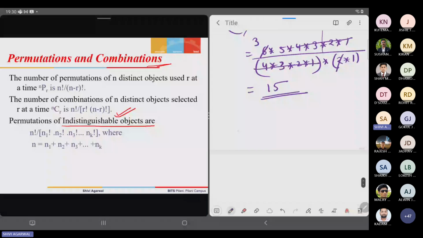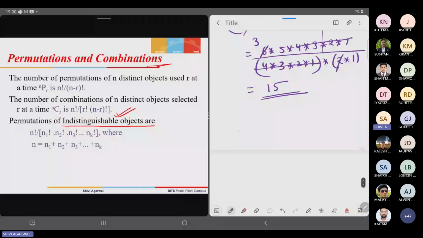In this one, we are taking 3 colors of balls: blue, green, and red. So there are 3 blue balls, 2 green, and 5 red balls. So they are different, as well as the same, because 3 balls are blue, 2 balls are green, and 5 balls are red here.